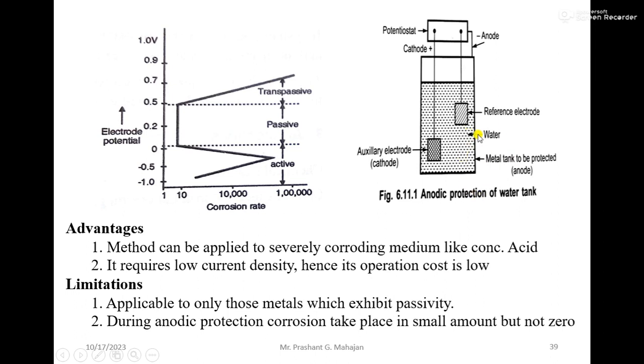The aluminum present in the tank will dissolve as Al3+, and that will react with the oxygen present in the electrolyte and form oxide, and that oxide will deposit on the base metal or tank metal. So that oxide will prevent the anodic metal from further corrosion. So that is anodic protection.